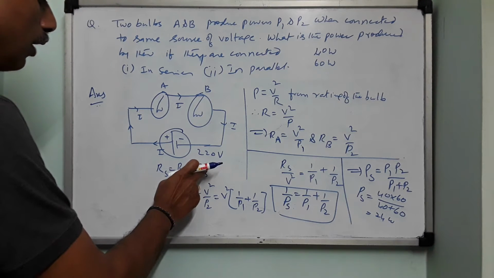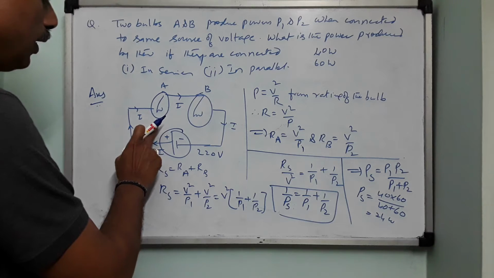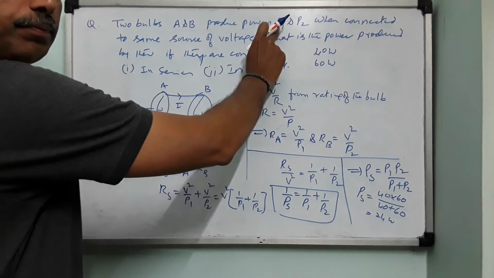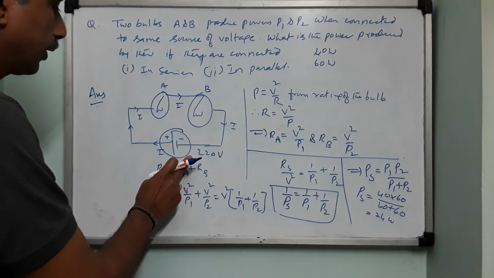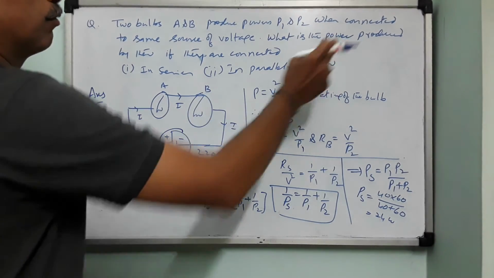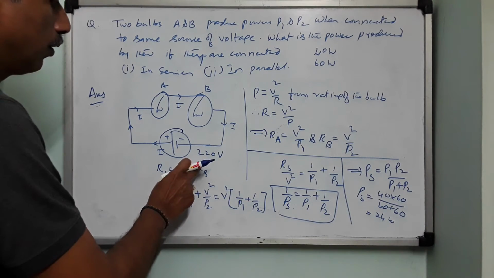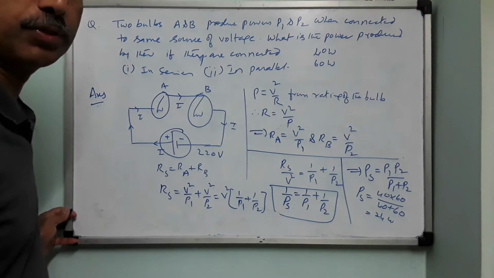When this 220 volt alone is connected across only A, it will give a power output of P1, that is 40 watt. Am I clear? If this 220 volt alone is connected to bulb A, then bulb A will produce a power output of 40 watt.